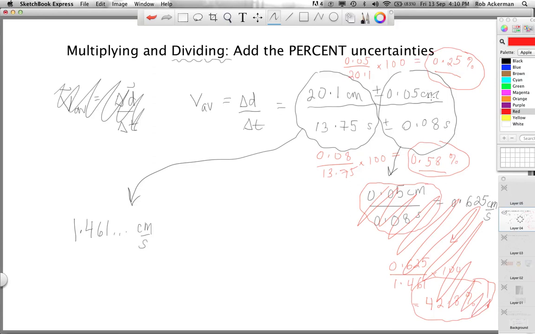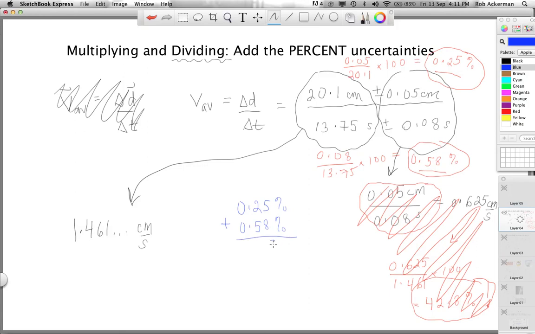You do not just divide the numbers the way you divided the best guesses. What is the correct way? I'll do that in blue so you can keep them straight. Well, you do compute these percentages as I mentioned earlier. However, you add the percentage uncertainties: 0.25% plus 0.58%.